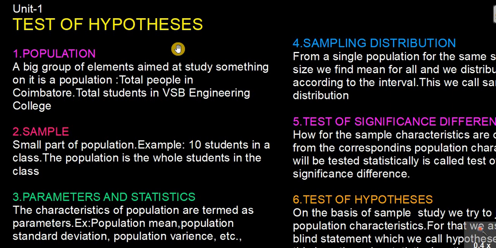Then comparison should go on between the critical value and the statistical value, and if the statistical value, I mean the observed value, is less than the critical value, then we accept the hypothesis, otherwise we reject the hypothesis.